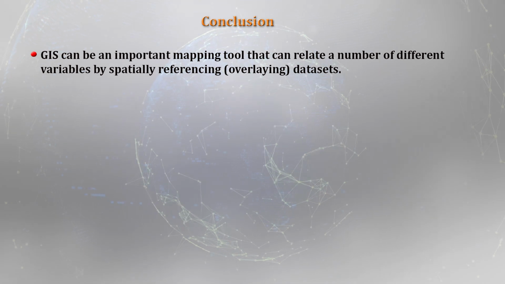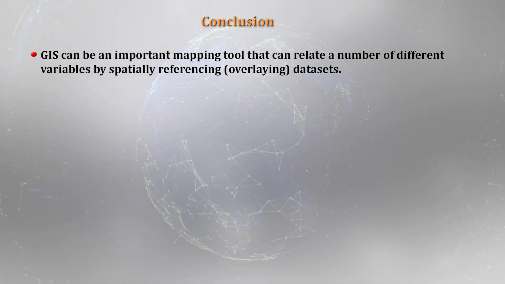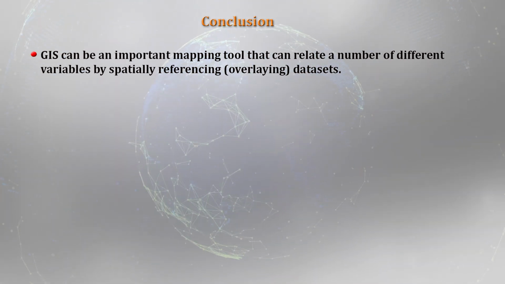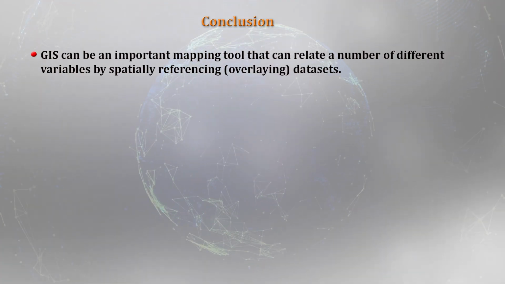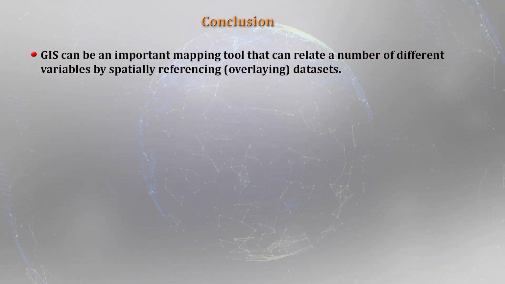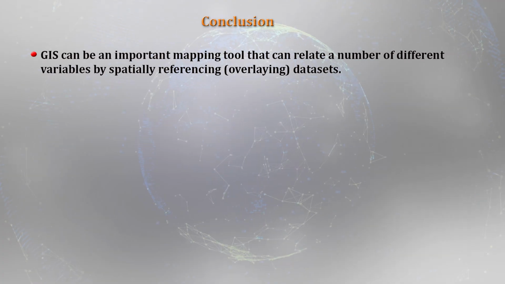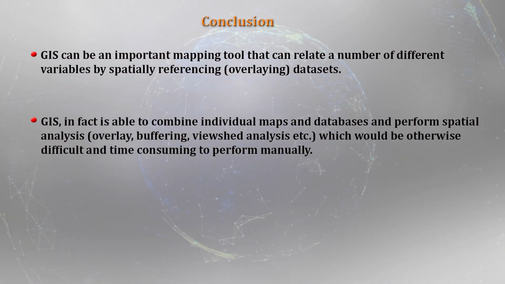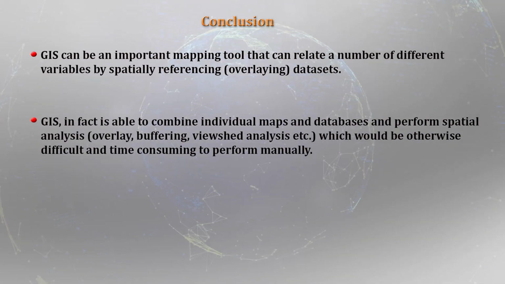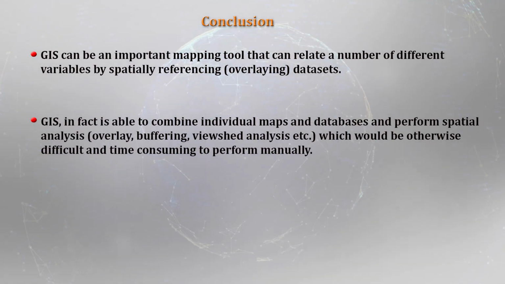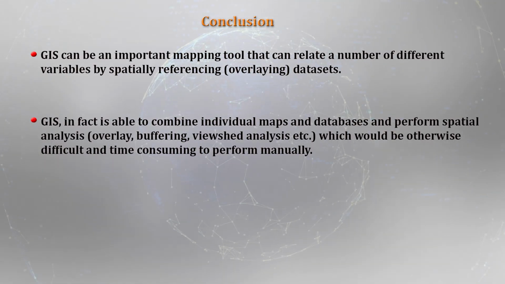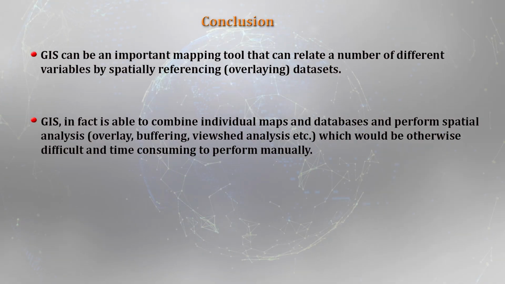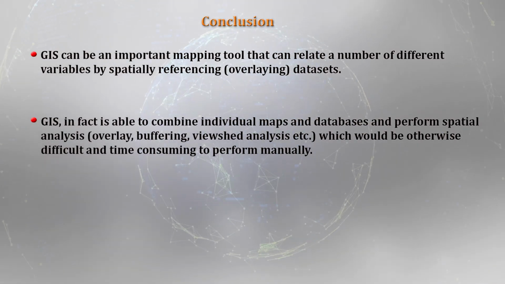So to conclude, GIS can be an important mapping tool that can relate a number of different variables by spatially referencing the data sets. GIS in fact is able to combine individual maps and databases and perform spatial analysis, which would otherwise be difficult and time consuming to perform manually.